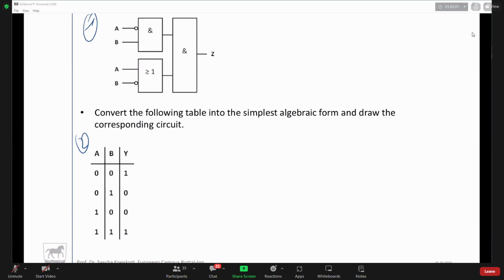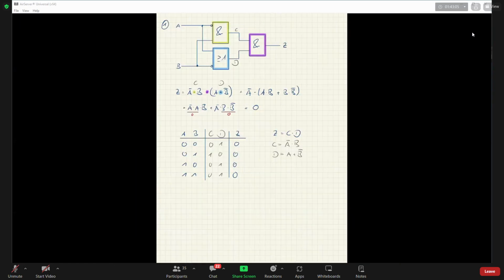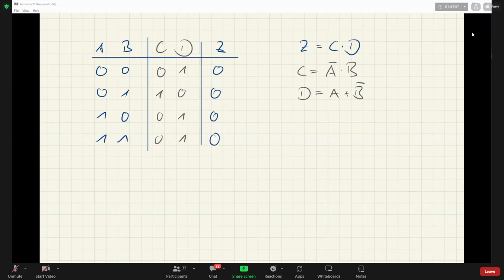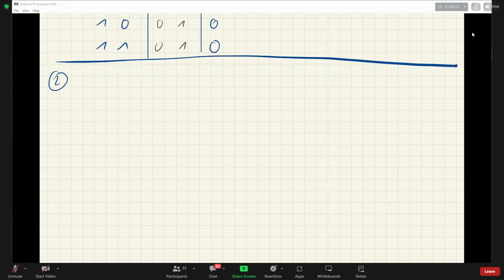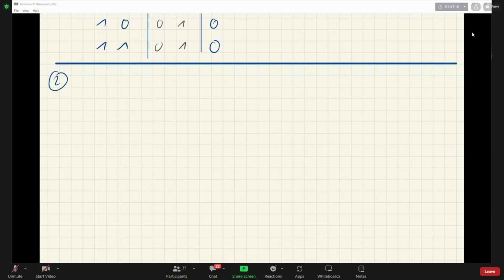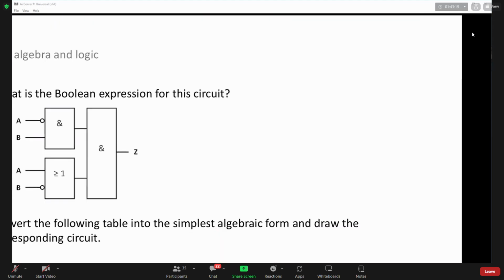So let's look into that one as well. We have here the following truth table. Just check once. A, B.